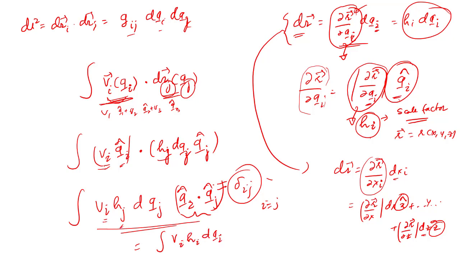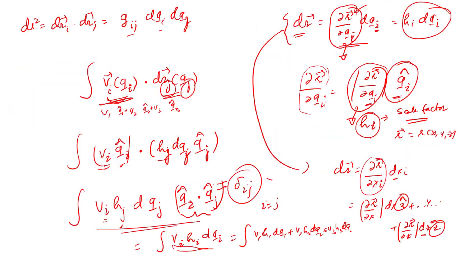And again, i is repeated here, so that's summed over. This means the integral would look like v1 h1 dq1 plus v2 h2 dq2 plus v3 h3 dq3. So as you can see, knowing these scale factors, h1, h2, h3, or hi in general, is what can help us write these differentials, gradients, and divergences in different coordinate systems.